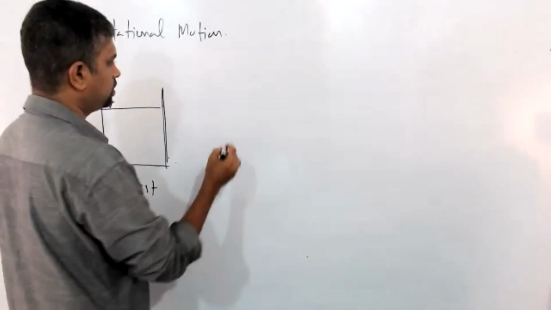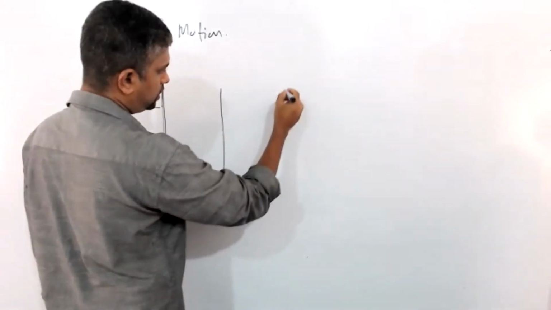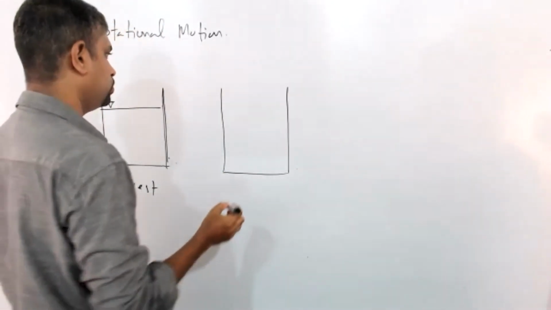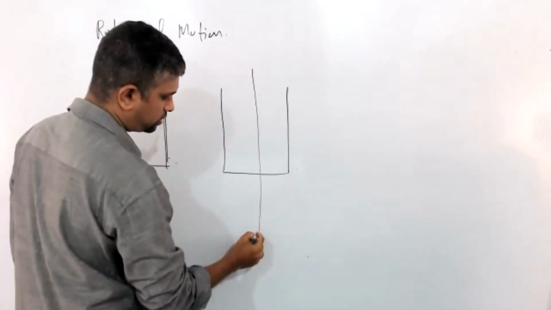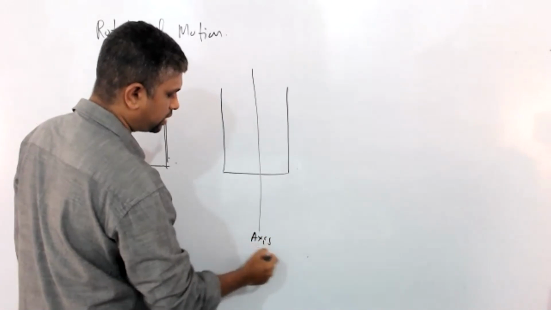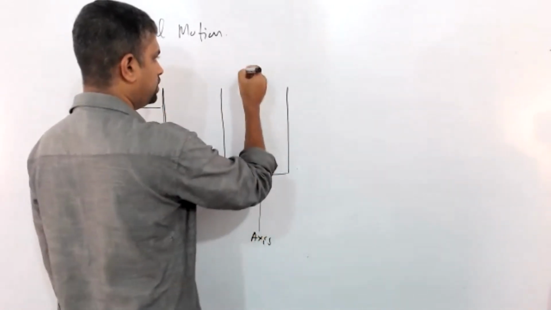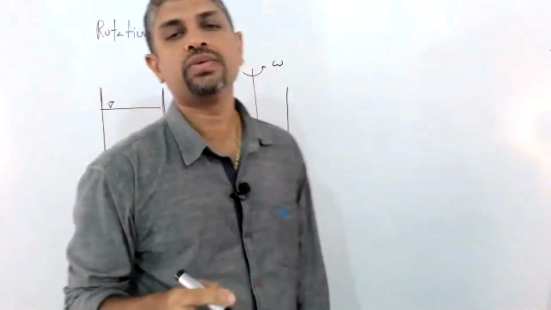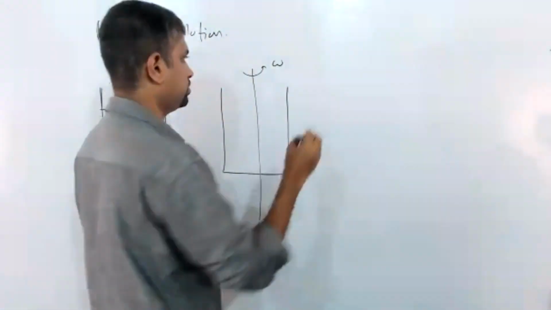Now, the container is subjected to a rotational motion along this axis. This is the axis of rotation, right?